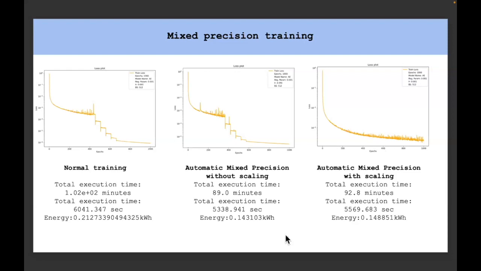But on the other side, the final loss point is a bit different from what you get with the normal training. So this strategy can be utilized, but if precision is the first thing that matters, then it's necessary to switch to other strategies.